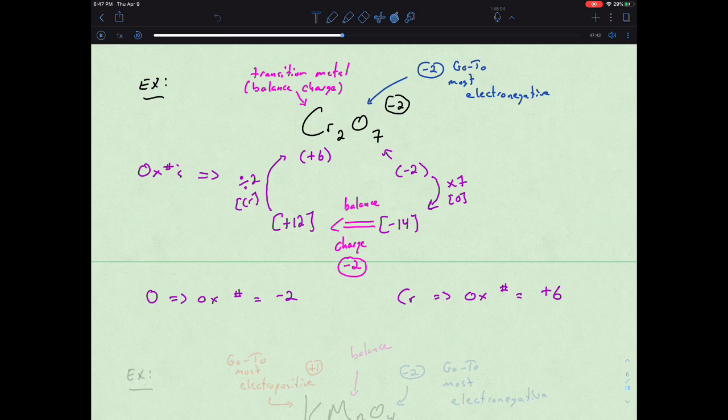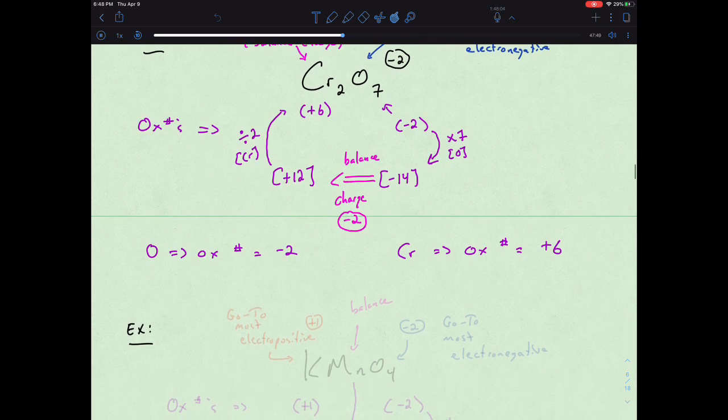Let's do one more example of this. So here we have potassium permanganate, no charge on the molecule here.